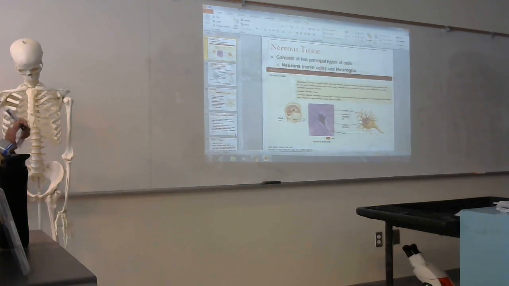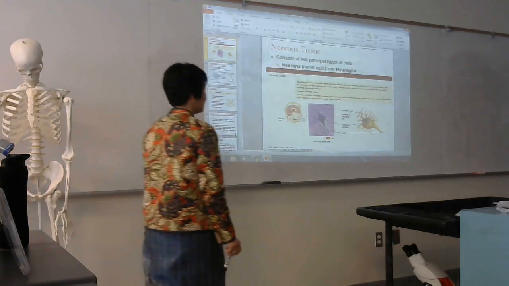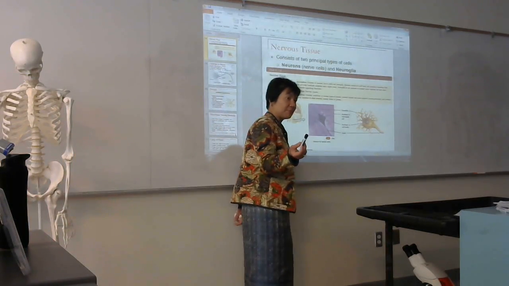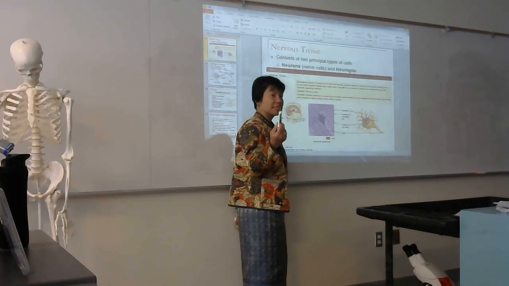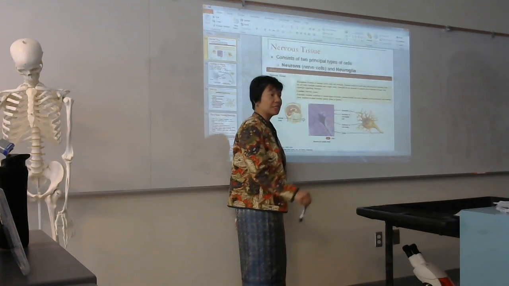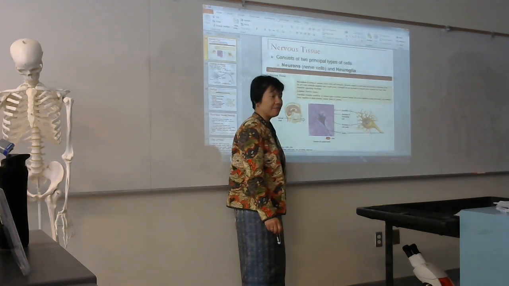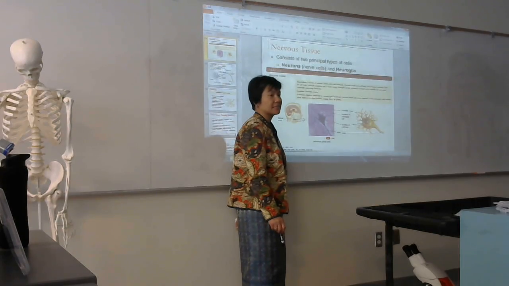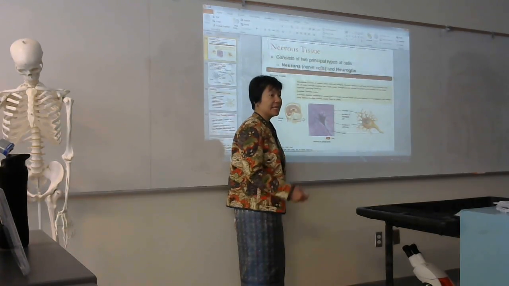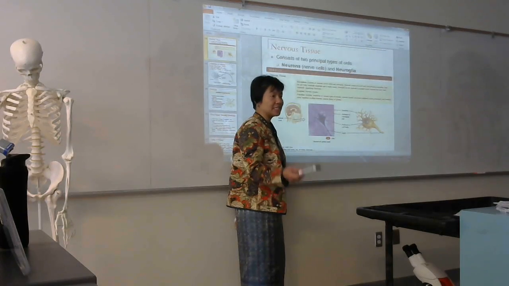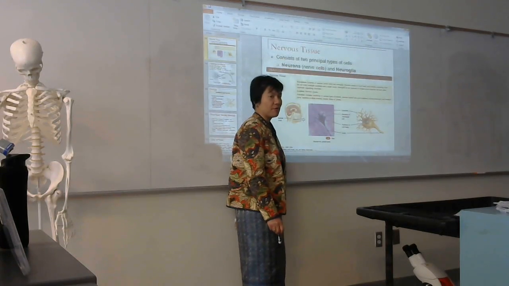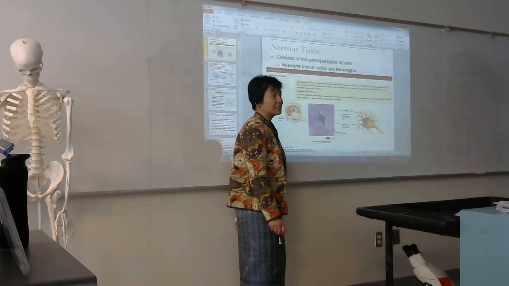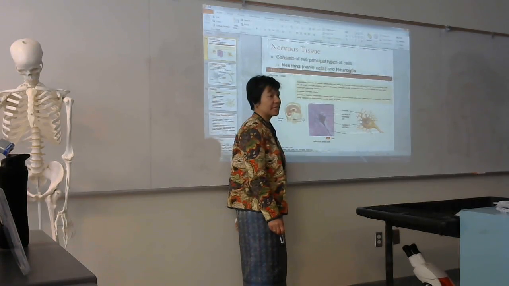So these cells, I'll say, this cell cannot divide anymore, again because of the absence of centrioles. So they will spend their entire lifetime in what phase? Interphase. Yes, interphase. In this phase, they are still metabolically active. True or false? True. As long as they're alive, they're still metabolically active. Okay?